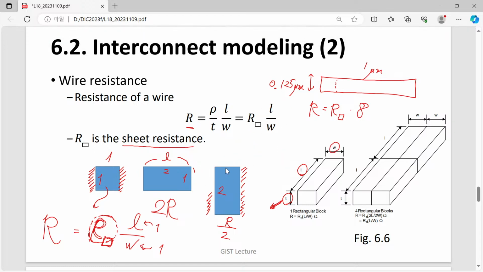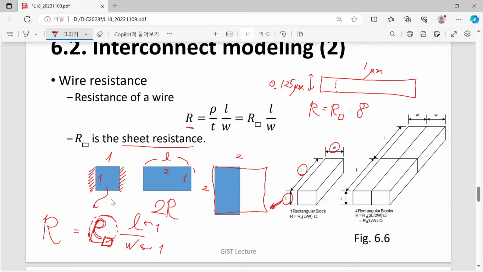So simply speaking, if you have a 1-to-1 wire, its resistance is equal to that of a 2-to-2 wire. If you have 2-by-2, the resistance will be the same as this 1-to-1 case. This is shown in your figure 6.6.